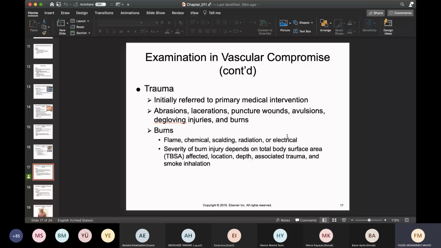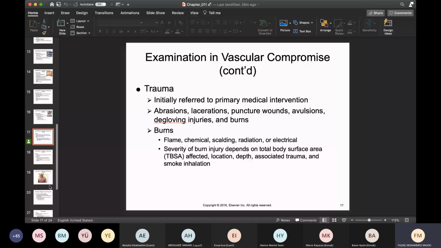The severity of the burn injury depends on the total body surface that's affected. Aside from that, the same things that we looked at a handful of slides ago apply as well: location, depth, and whether there's any other trauma associated with it. All of these are going to affect how severe that trauma is.